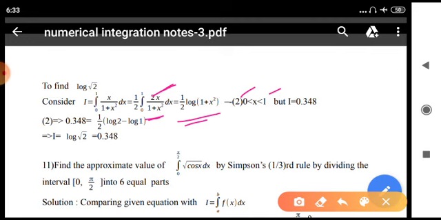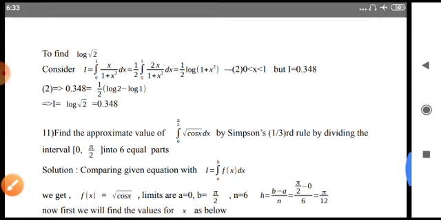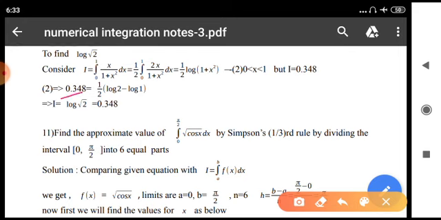But I value is 0.348, which we have calculated earlier. So equation 2 becomes I equal to 0.348 here, which is equal to 1 by 2 times, if you substitute the upper limit, it will be log 2 minus log 1 for the lower limit. So what I want is the log of root 2 value.